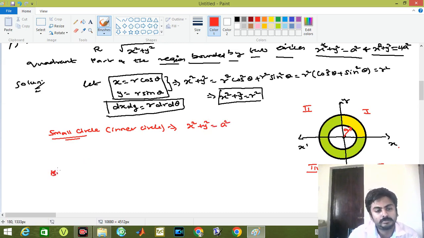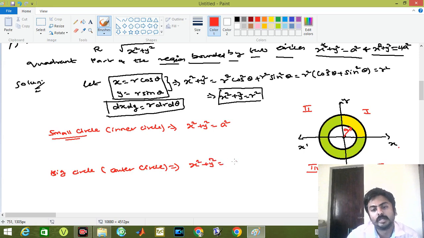Then the big circle or outer circle is given by x square plus y square equal to 4a square. What do you mean by 4a square? That is x square plus y square equal to 2a the whole square.